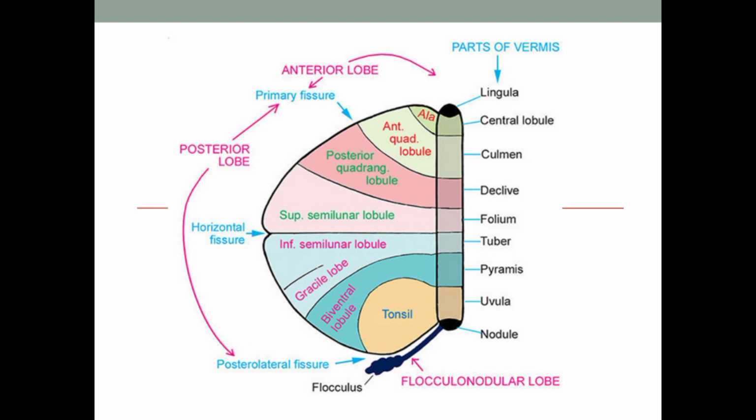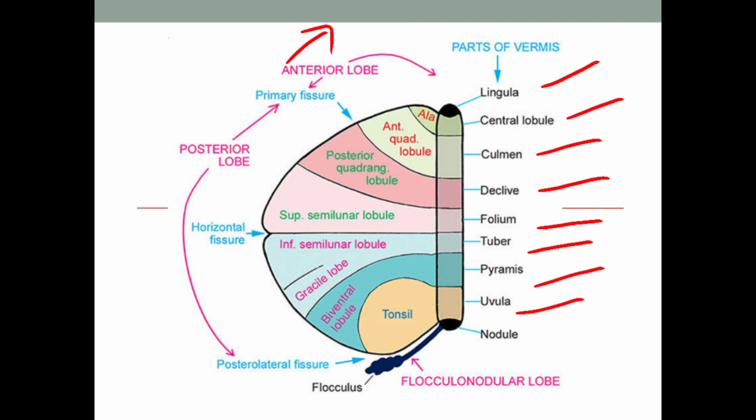Starting with the parts of the vermis, we will go according to the anterior lobe. The anterior lobe consists of the parts of the vermis: lingula, central lobule and culmen. Then the next, the posterior lobe, completely what you are looking at here, consists of declive, folium, tuber, pyramid and uvula.